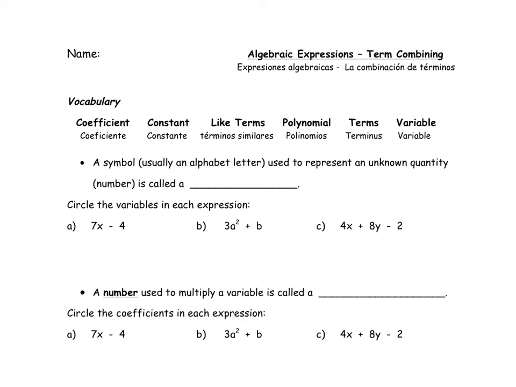The first one says, a symbol, usually an alphabet letter, used to represent an unknown quantity, a number, is called a variable. You're noticing it says it's a symbol, usually an alphabet letter, and it represents an unknown quantity.